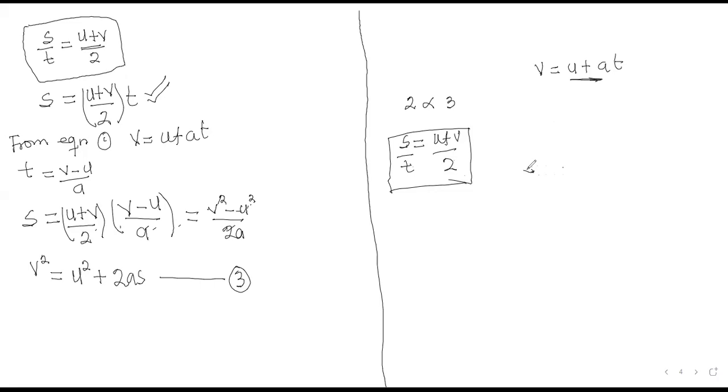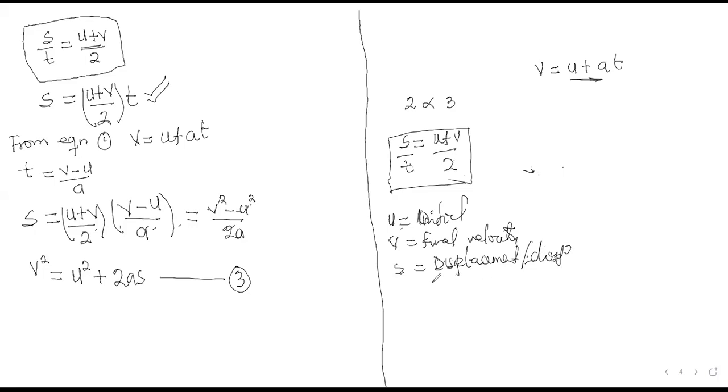Any more questions? Do not forget that U is the initial velocity, V is the final velocity, S is the distance or displacement, A is the acceleration, and T is the time taken.